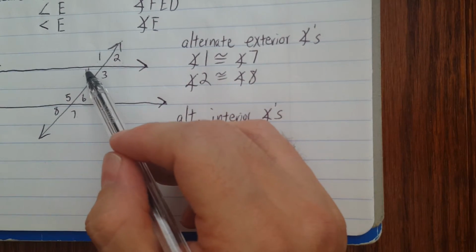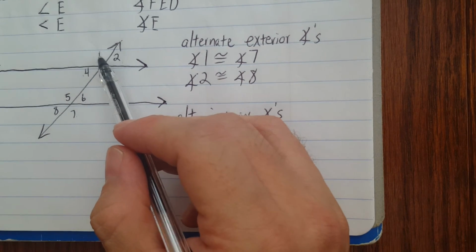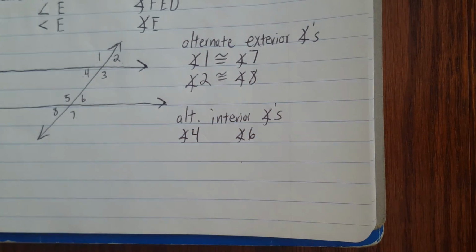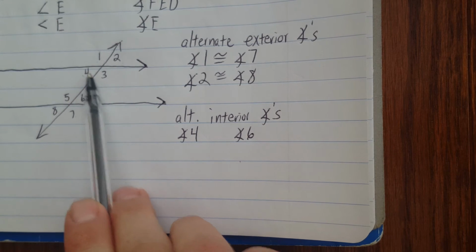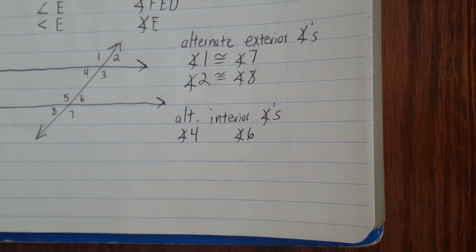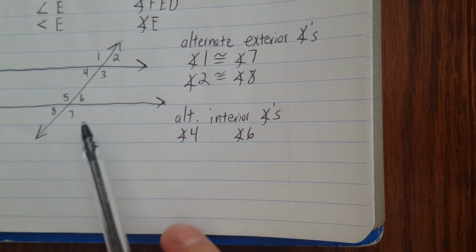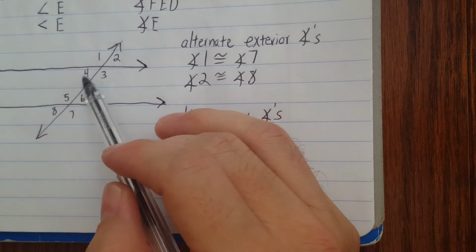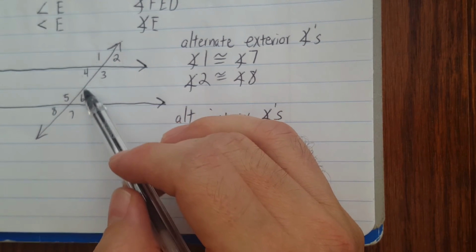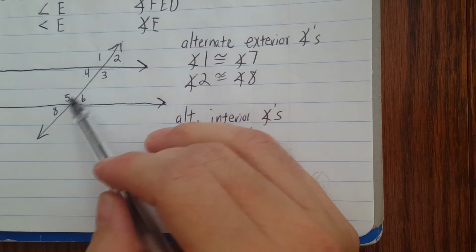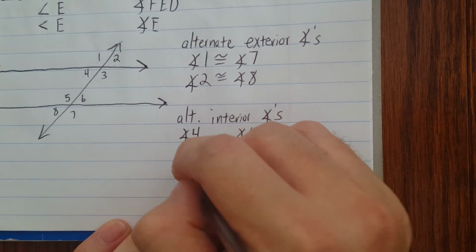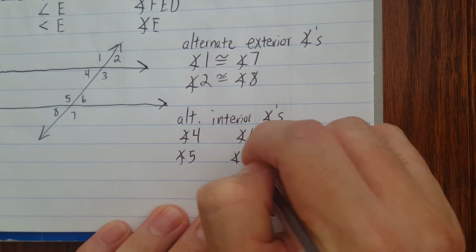So I'm looking for ones that are kind of like catty corner across, same as I did for the alternate exteriors. Because you think, well, 4 and 3 are on alternate sides as well, but the relationship of alternate exterior and interior is more of what's going on with the catty corner across one. So that's also going to tell me something about angle 5 and angle 3.